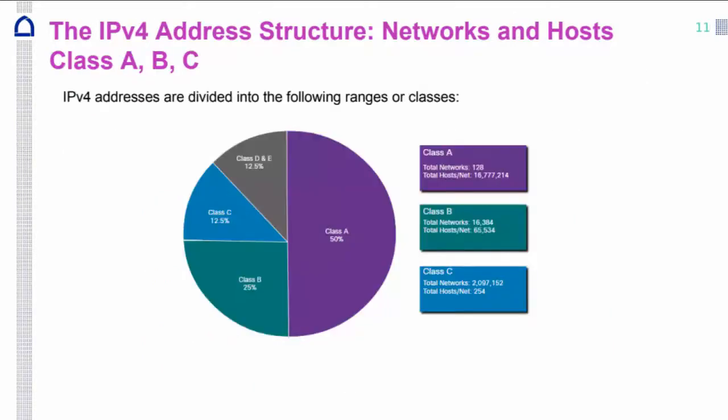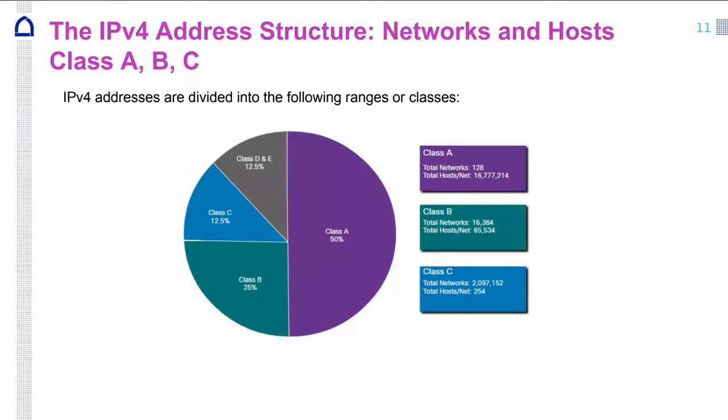Now, the internet governing societies or groups have defined some classes for IP version 4 addresses. We have class A, B, and C, okay? And D and E. Class A, please, you have to know these things. Class A can provide you with a total of 128 networks, and total hosts of 16,777,000 plus. Okay.